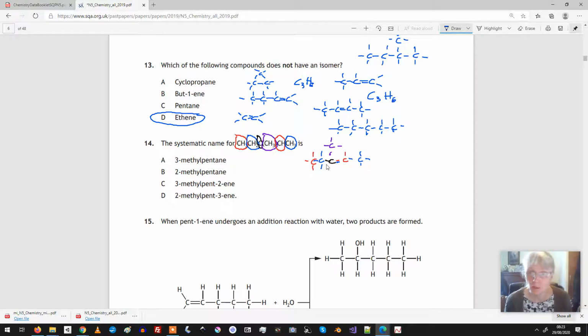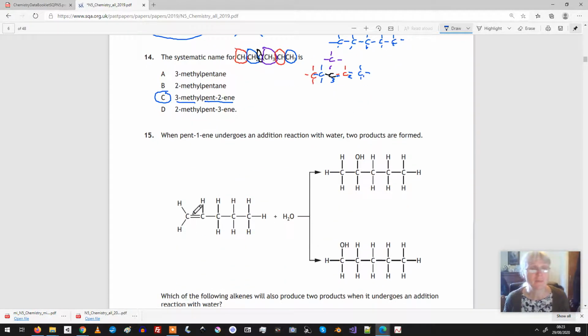So we're looking for something, 1, 2, 3, 4, 5, something that has pent in it, and it has a 2-ene, because if I just number the carbons, there's a double bond on the second carbon, so it must end pent-2-ene. So it's going to have to be this one, because it ends in pent-2-ene. And it has a little methyl group on its third carbon, so that bit's right as well.